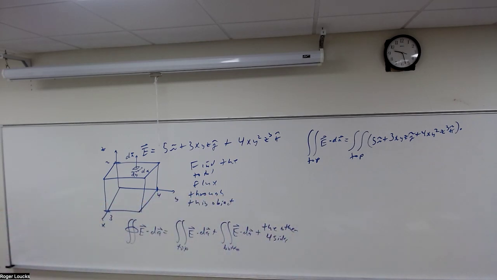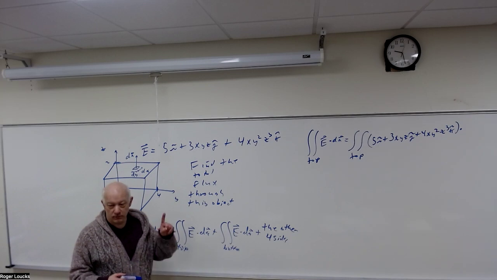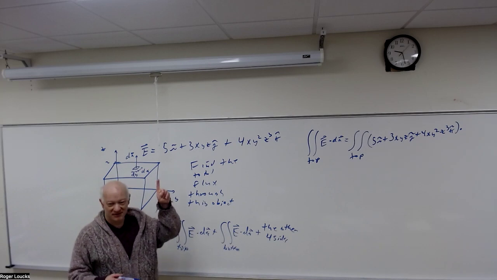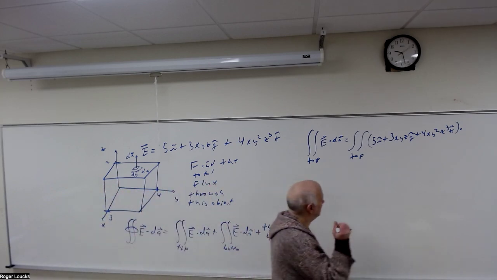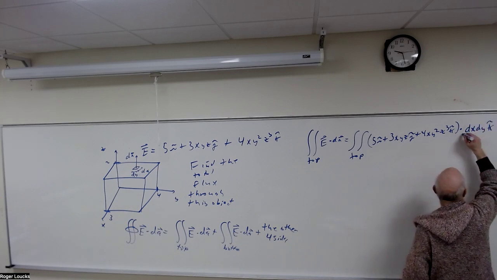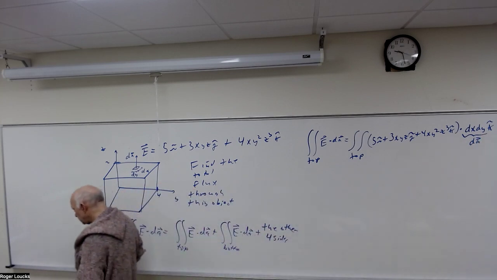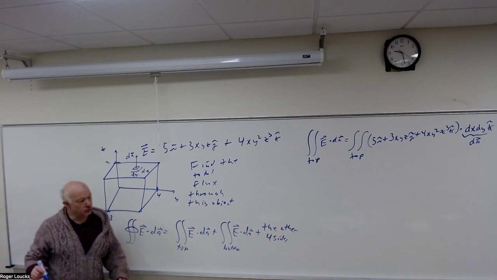If you say dx dy, that's great because that's the magnitude, but it's a vector. dx dy, vector. Yeah. Okay. So this is dx dy, so this whole thing here is my dA vector.